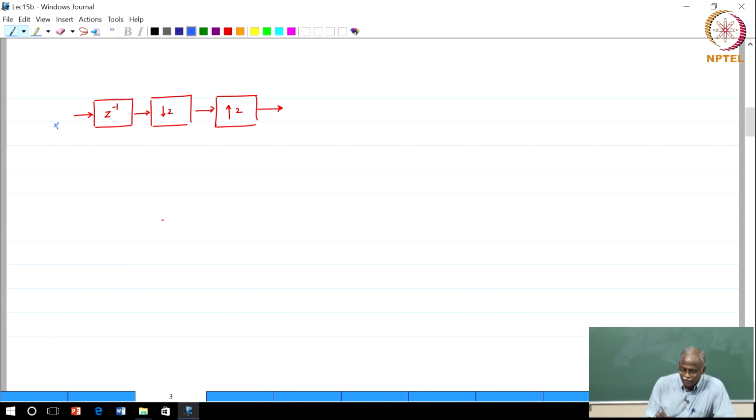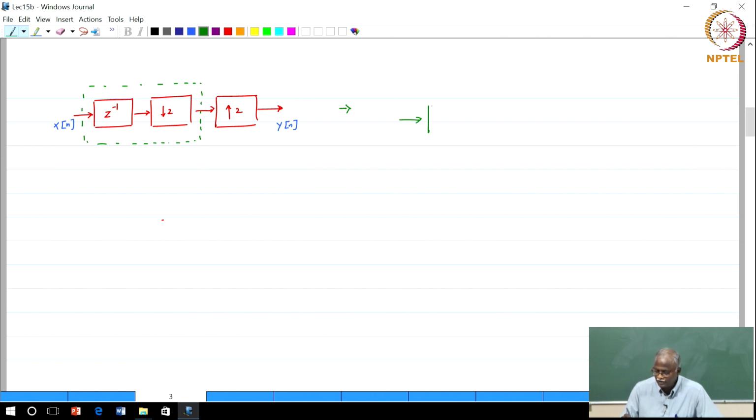So if I have x(n) and I am looking at y(n), I have a student who said that this is an ideal candidate for applying the noble identity. I have filtering followed by downsampling. So the statement was that I will go on to doing the downsampling first, downsampling by a factor of 2.